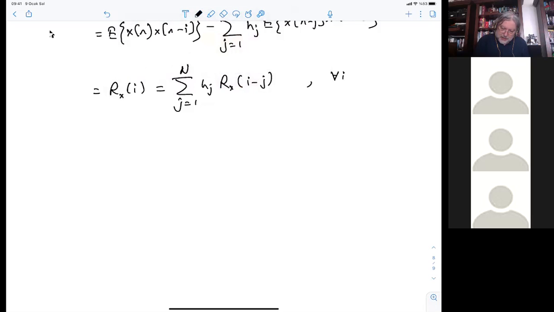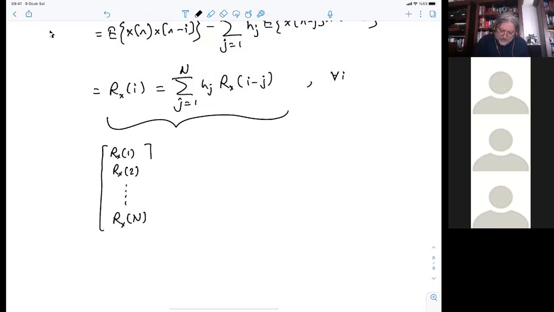Here, the left-hand side of the equation is Rx of i for all i, which means Rx of 1, Rx of 2, all the way up to Rx of capital N.